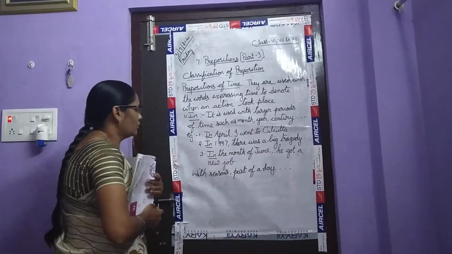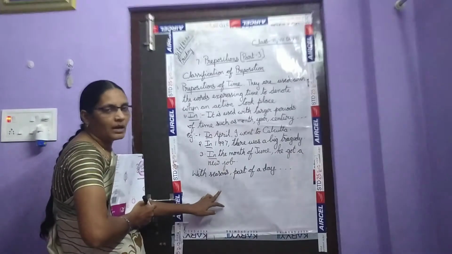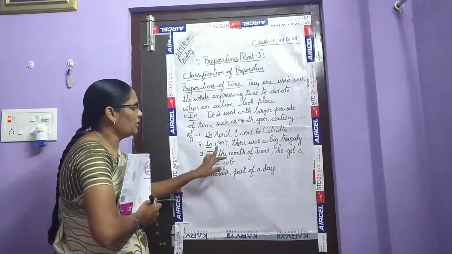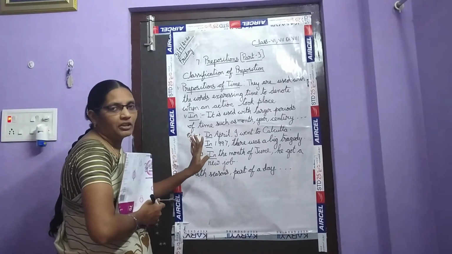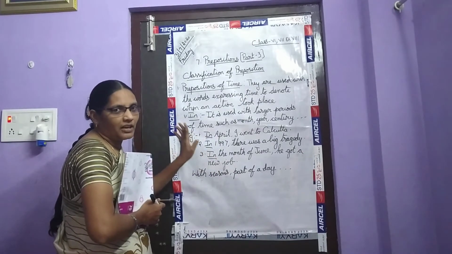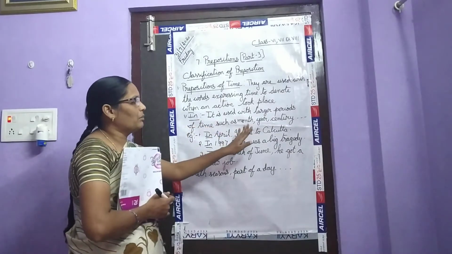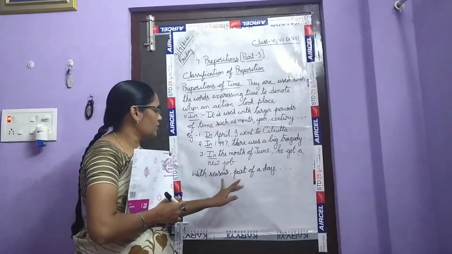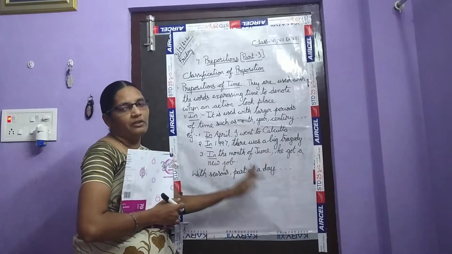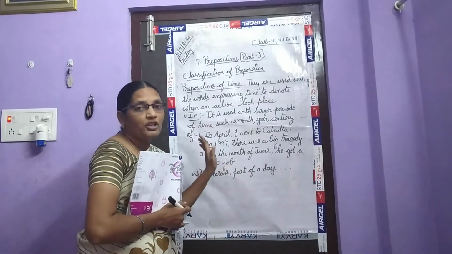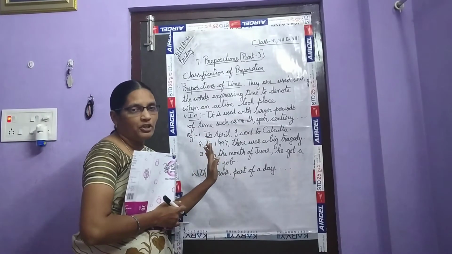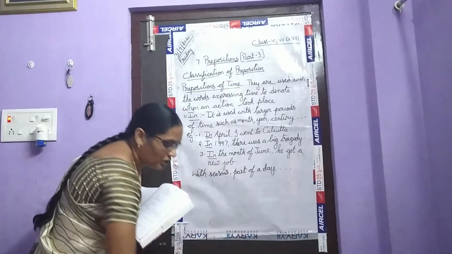So, in the morning, in summer season, in the month of June, in the 19th century, in the year 1977. For the month, year, centuries, with seasons and part of the day, we use the word in. It is a preposition of time. Now we shall go to the next one.